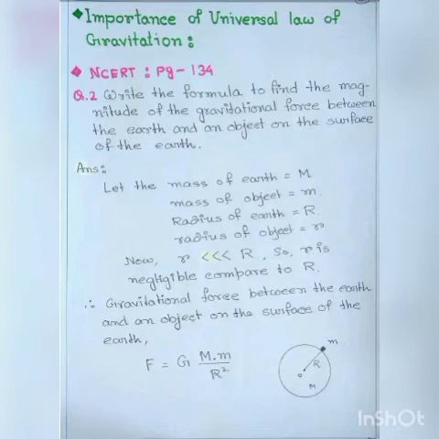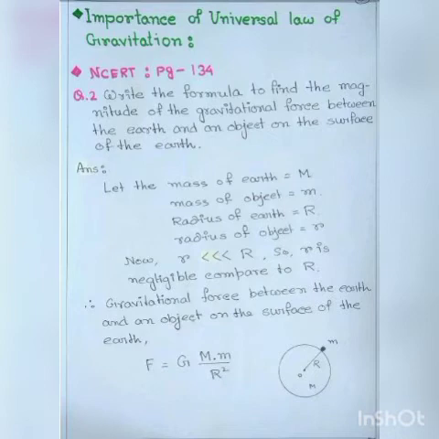Number 4, artificial and natural satellites revolve around the earth due to the gravitational force between them, which provides the necessary centripetal force to move in a circular path around the earth.